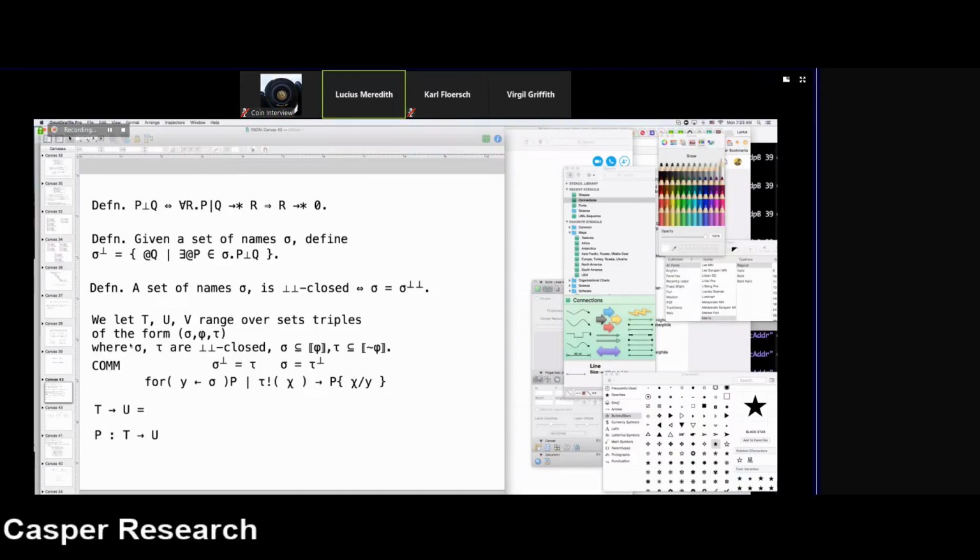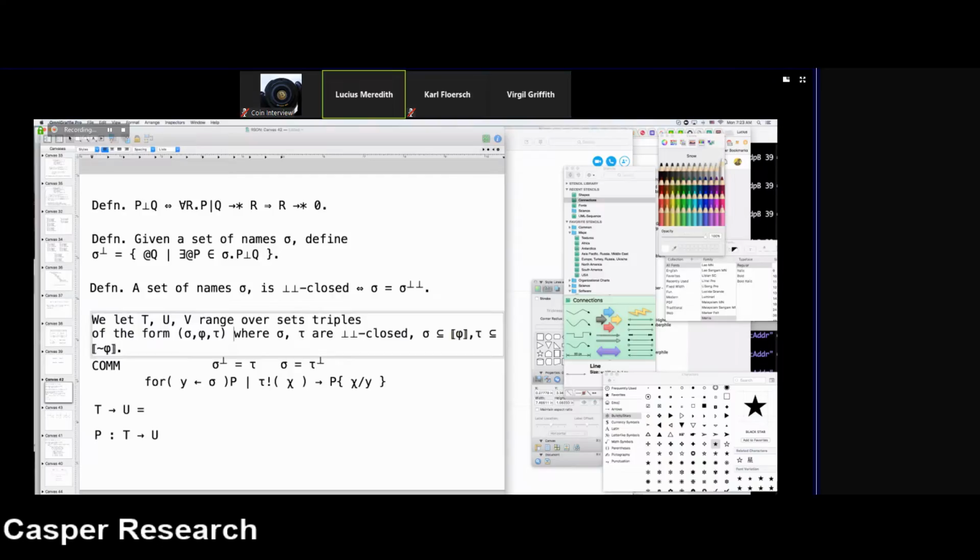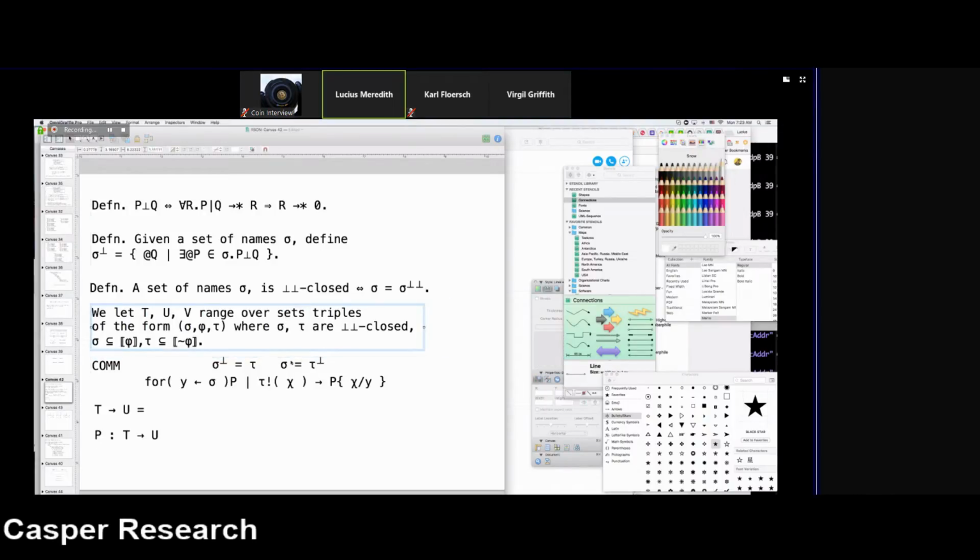Okay, like that. That's a little better. And then T to U is now just T disjoint union U.